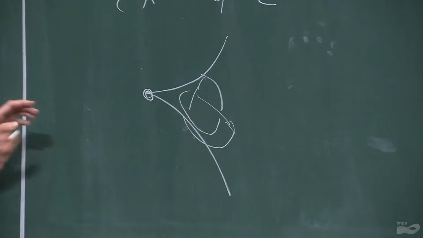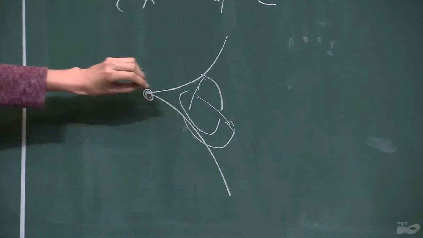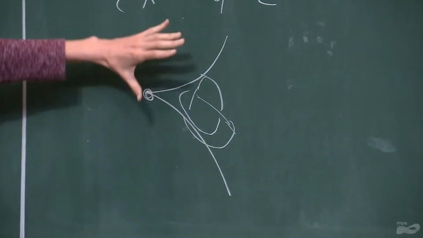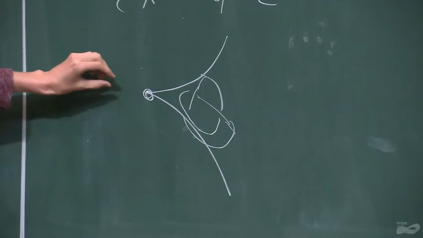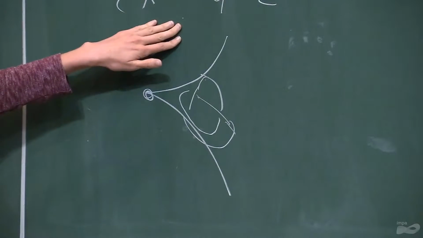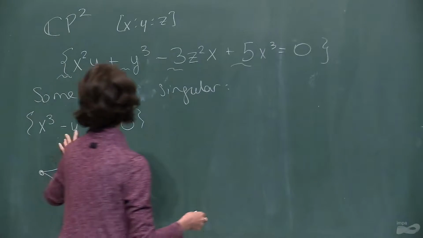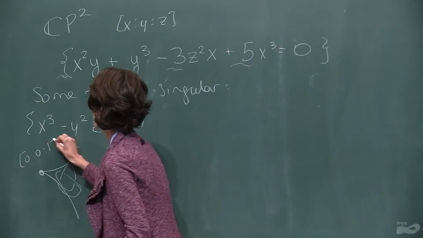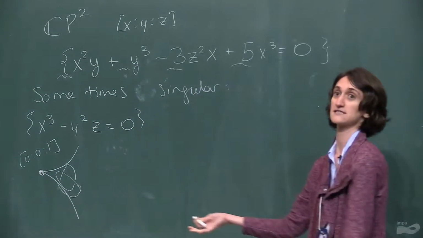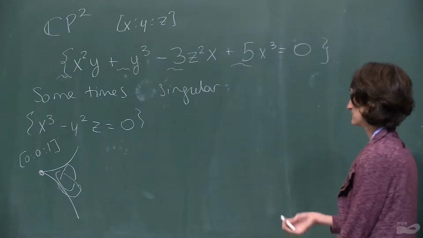That's a trefoil shrinking down to a point. So if you take a family of trefoils and shrink them down to a point, that's giving you a picture for what's going on at the point 0, 0, 1 here. So that's one kind of singularity that can occur.